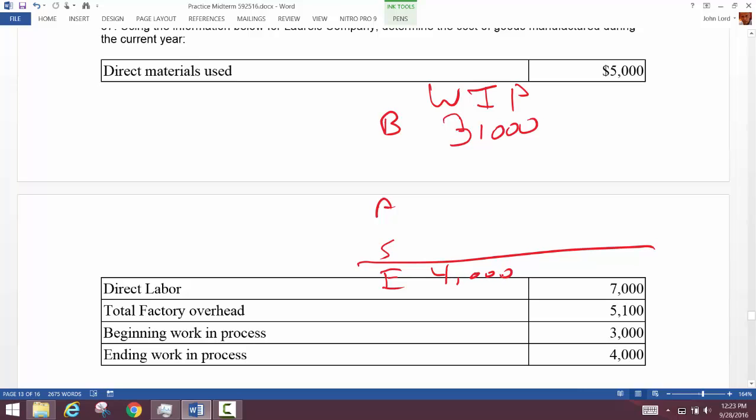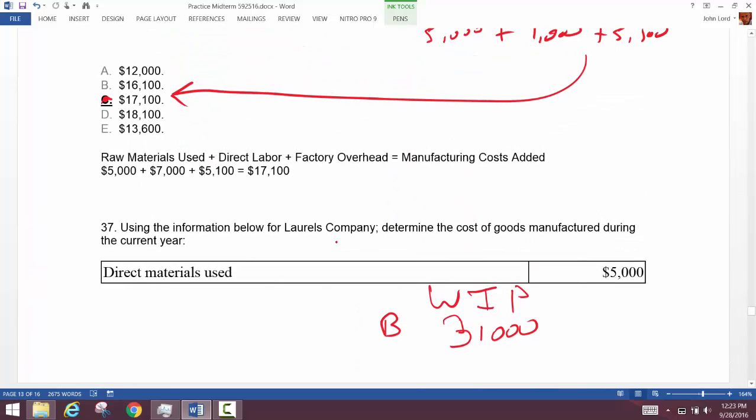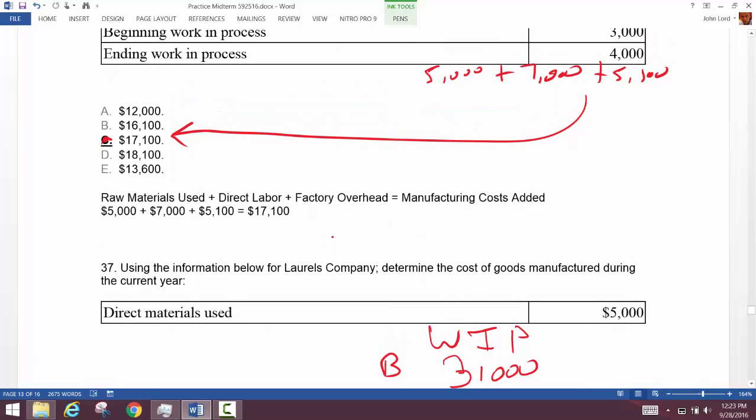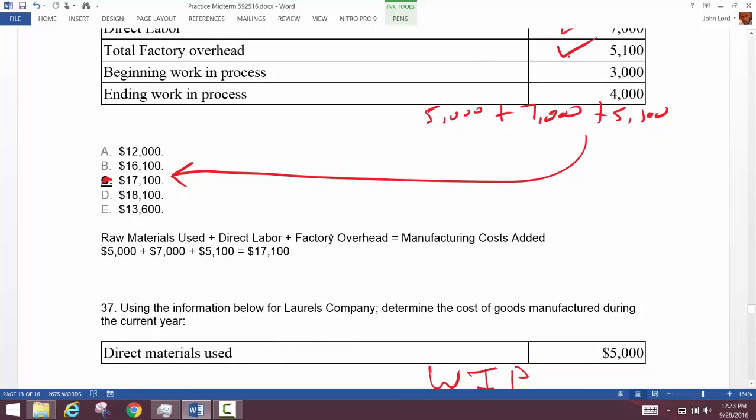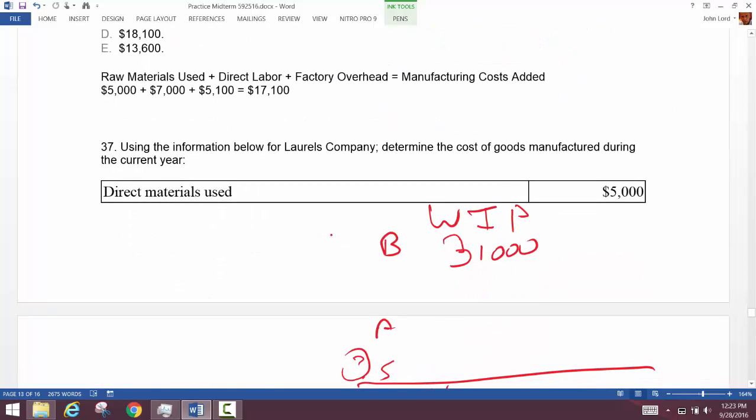They're asking me for the cost of goods manufactured, so this is the missing item, isn't it? And we already calculated in the previous problem that the additions for the period are 17,100. We picked up our direct materials, our direct labor, our factory overhead of 5,100. So those are our additions.